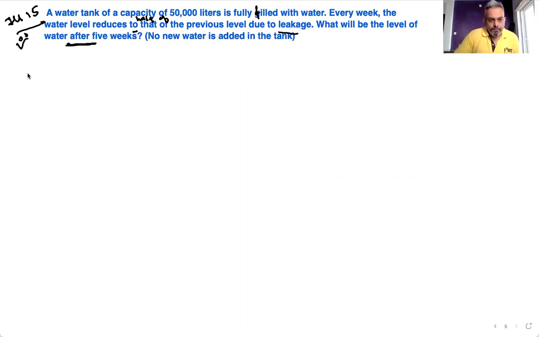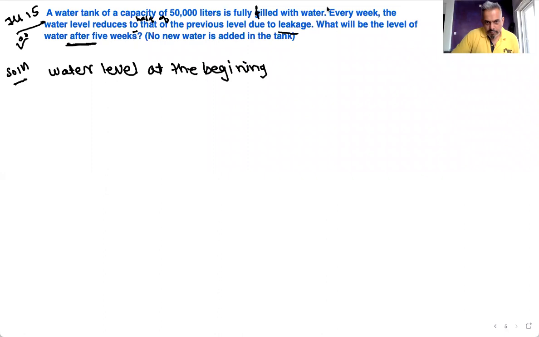So let's start writing the solution. Water level at the beginning of first week is equal to T1, which is equal to A, which is equal to 50,000.